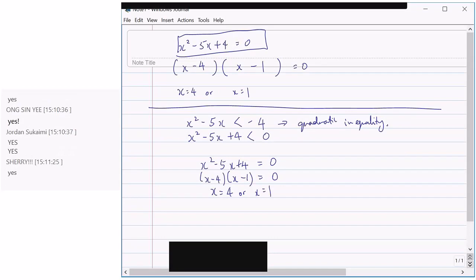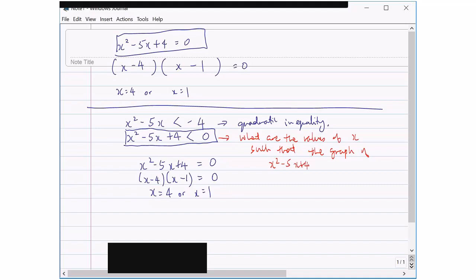But ultimately, we're not interested in the equality. We're interested in the inequality one. We're trying to solve for this. So what is the meaning of this? When they say solve this inequality, what are they asking me to find? They're asking me to find what are the values of x such that the graph of x squared minus 5x plus 4, meaning this left-hand side, is always less than 0.